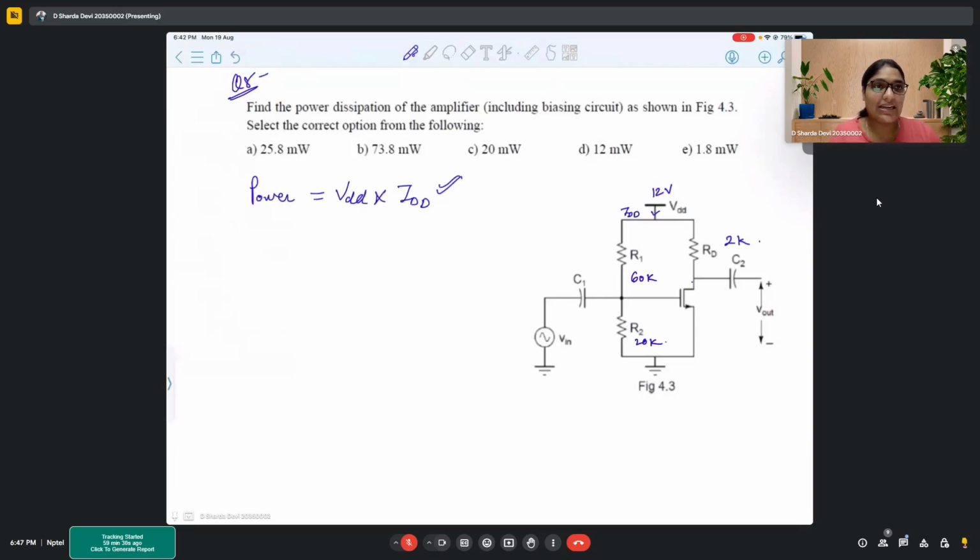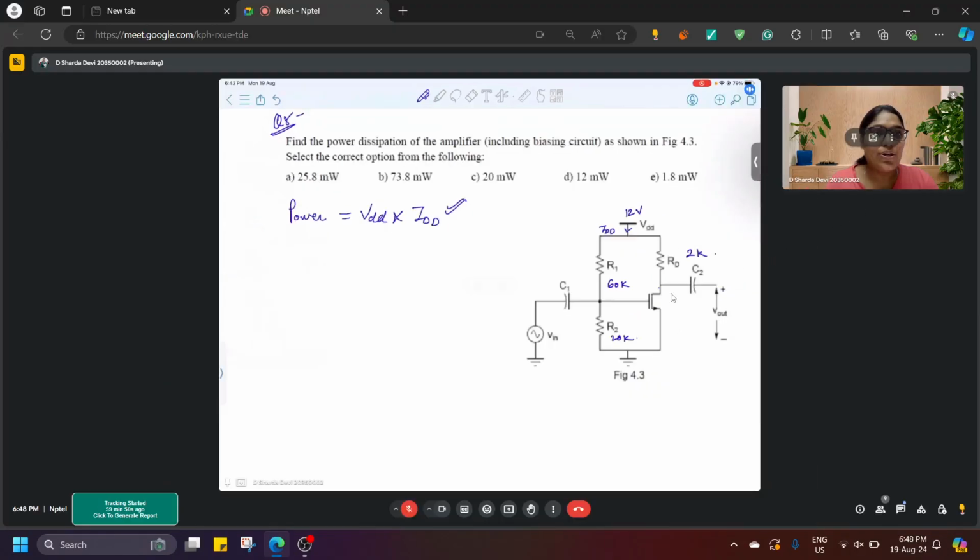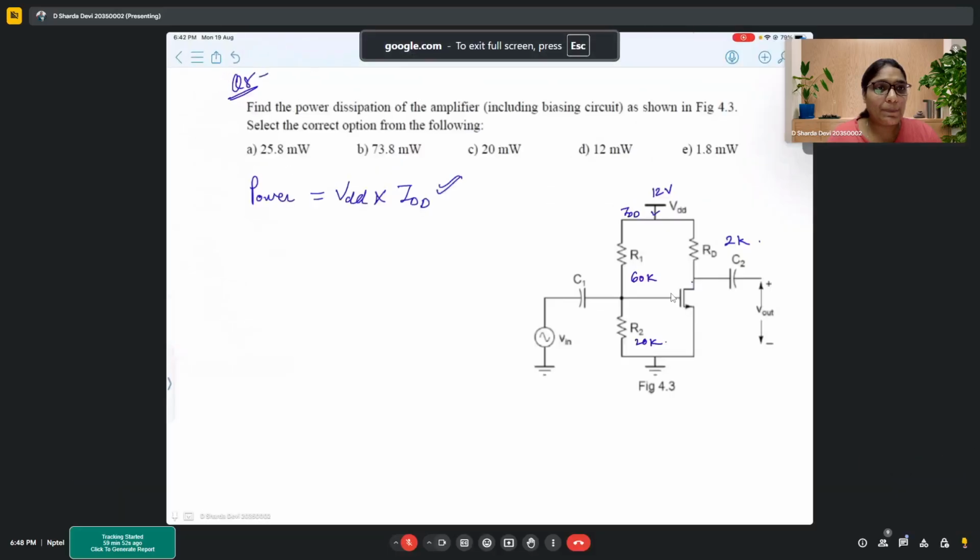This biasing circuit should not take more than 10% of your main current. If your MOSFET-based circuit takes 10 milliamperes, then the biasing circuit should not take more than 1 milliampere. That is the idea.